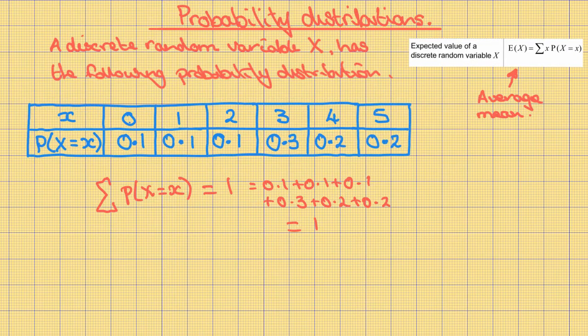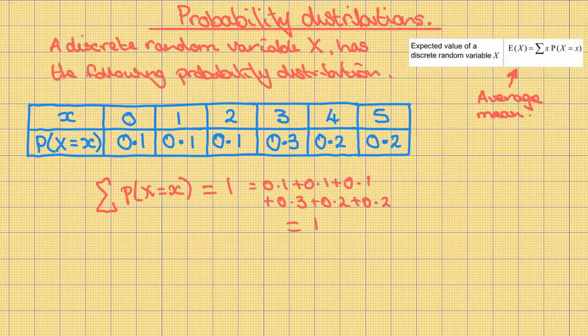This is not symmetrical, so you wouldn't expect them to get halfway between 2 and 3, because if you look at the table, there is a higher probability that a student gets 3, 4 or 5 than there is that a student gets 0, 1 or 2.